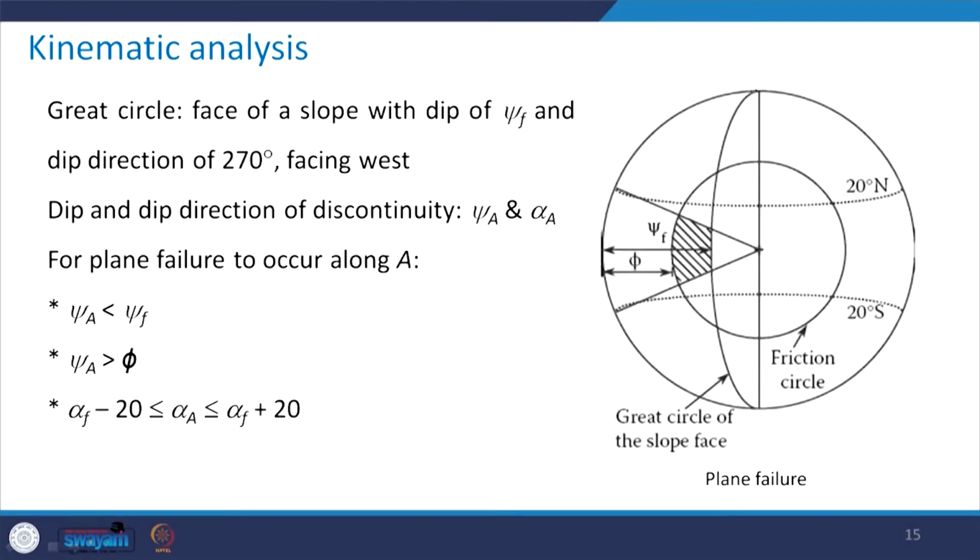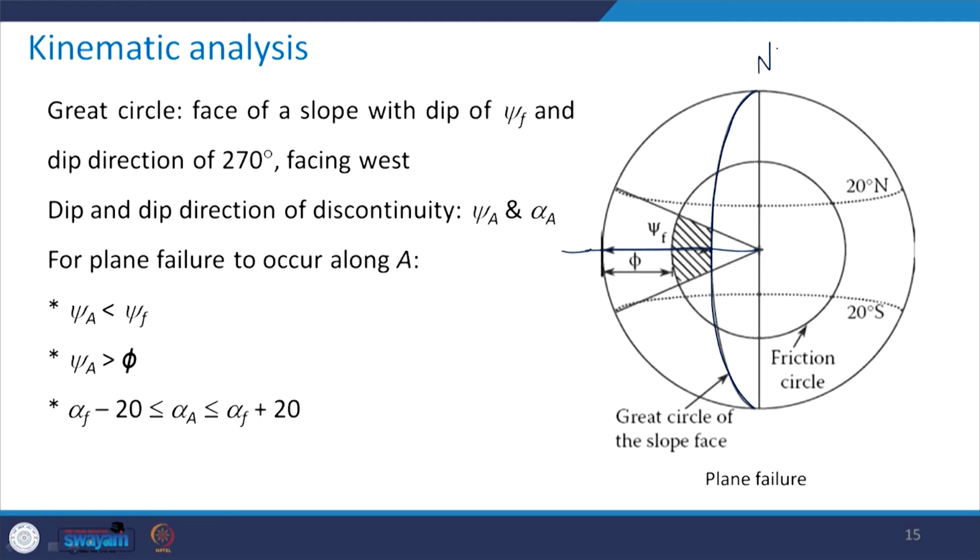Now, in the case of plane failure, what is happening? You have the slope face, which is represented by a great circle, as you see here. Now, here is the maximum point of curvature. If you try to draw a radial line, it coincides with this.